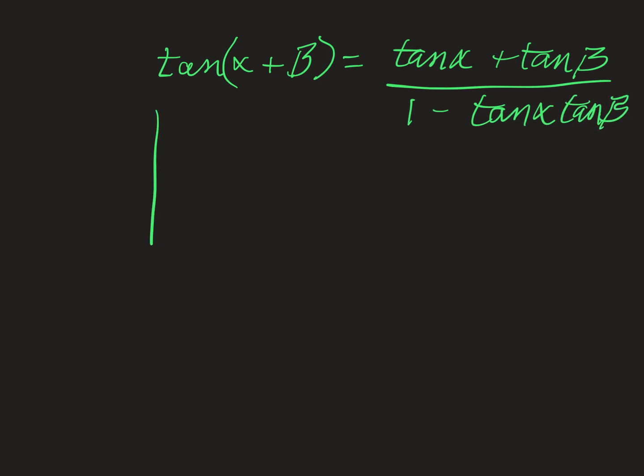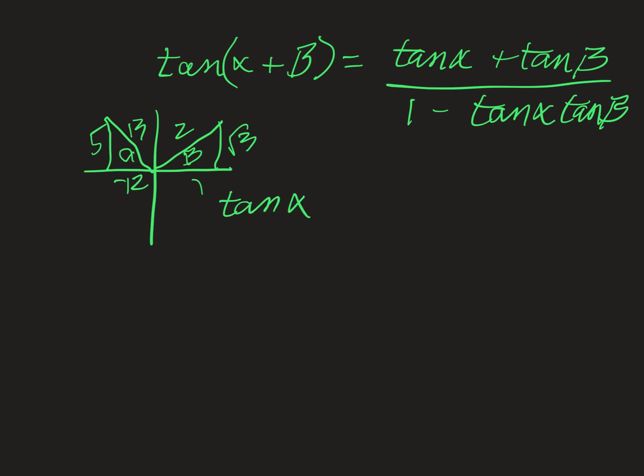Well, from those triangles that we had, negative 12, 5, 13, and 1, 2, square root of 3, where this was beta and this was alpha, we could find tangent alpha.